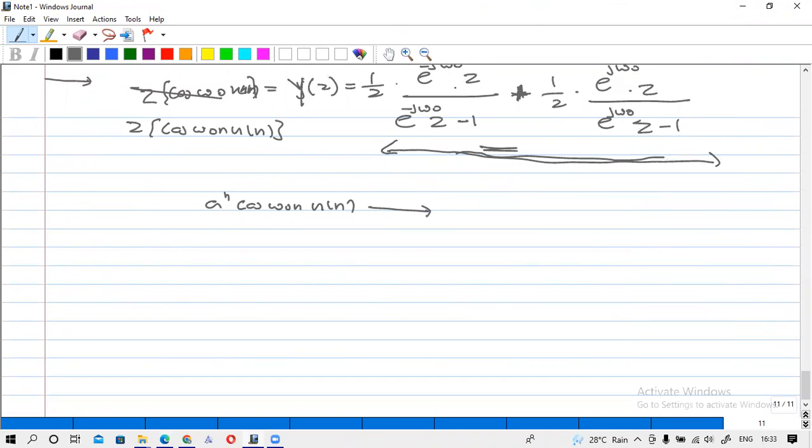When you are doing time scaling, it may be a time expansion or a time compression. If you multiply the time by a value, let's say 2t, it will be a compression; it will shrink the signal.